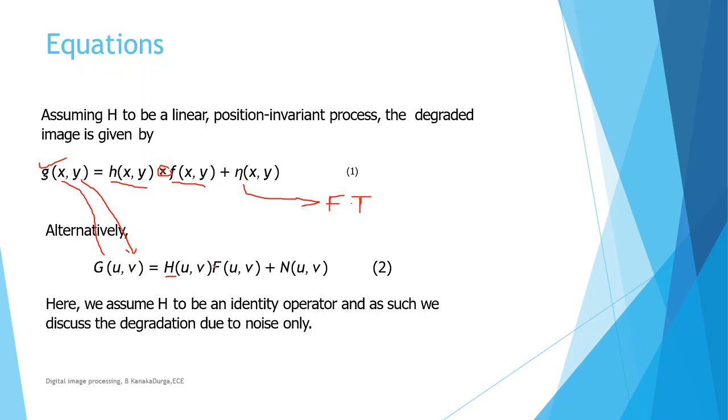So the equation for the degraded image in the frequency domain is G(u,v) = H(u,v) multiplied with F(u,v) plus N(u,v). Here we assume H is an identity operator, so as to discuss the degradation due to the noisy models.